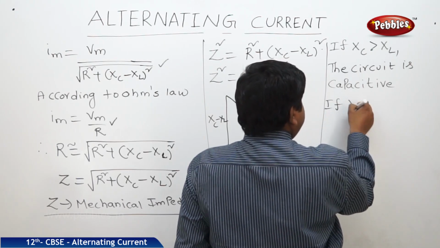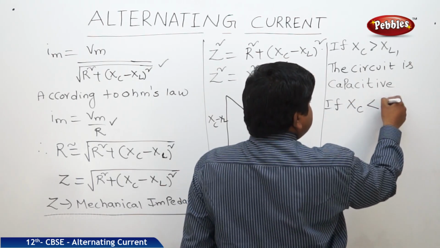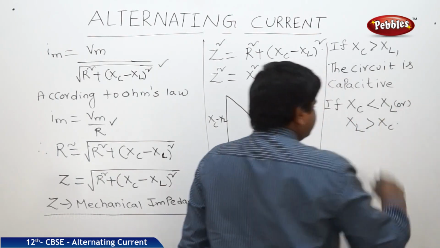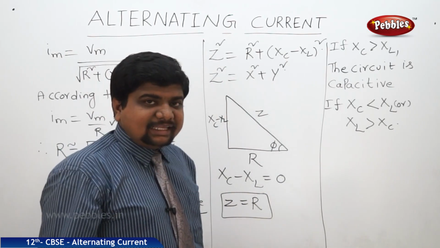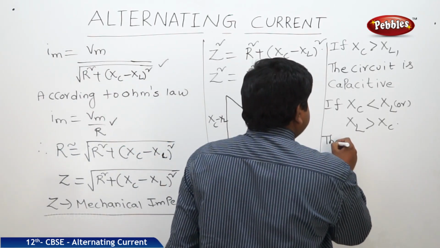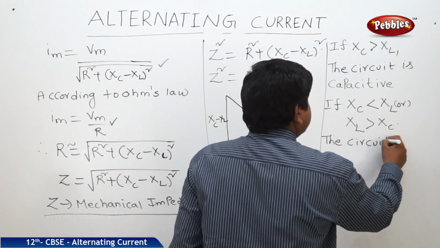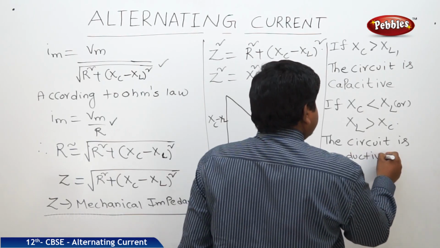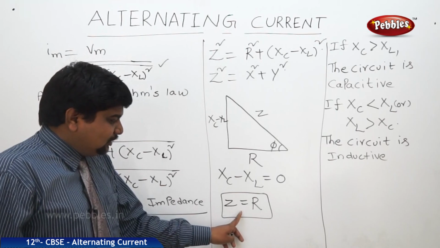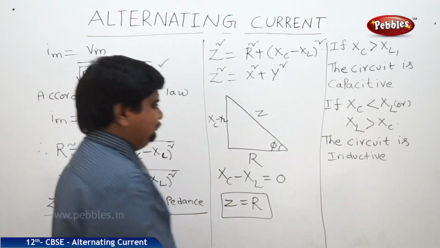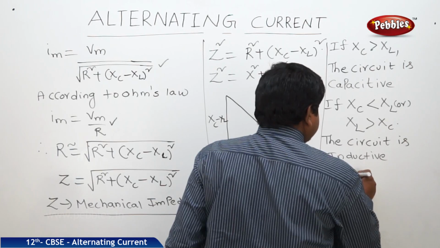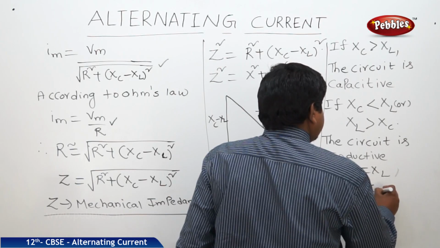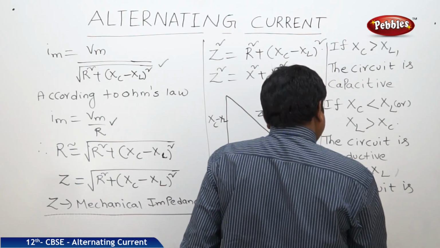If Xc is less than XL, or XL is greater than Xc, meaning inductive reactance is greater than capacitive reactance, the circuit is inductive. If Xc is equal to XL, we already got that the circuit is resistive.